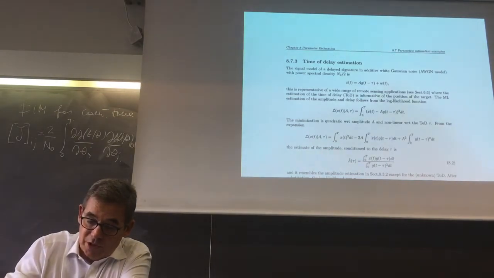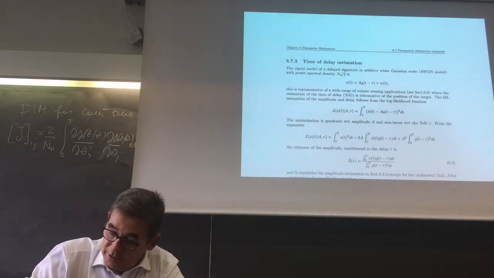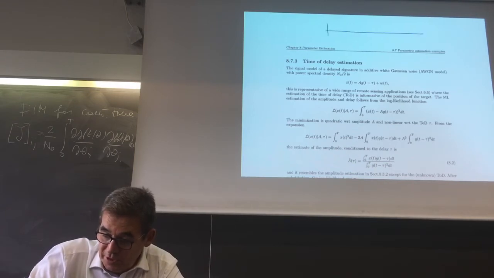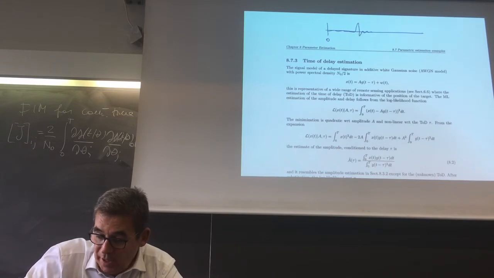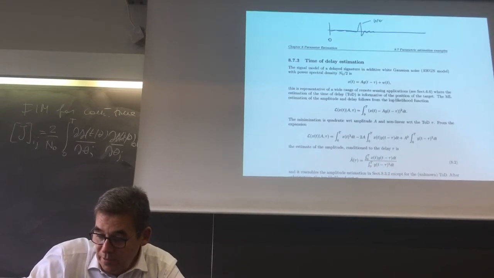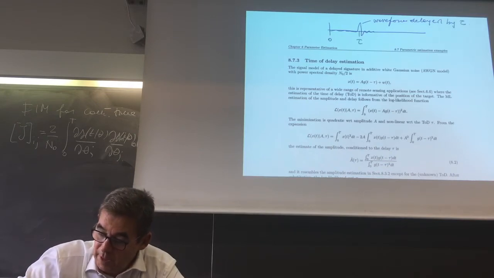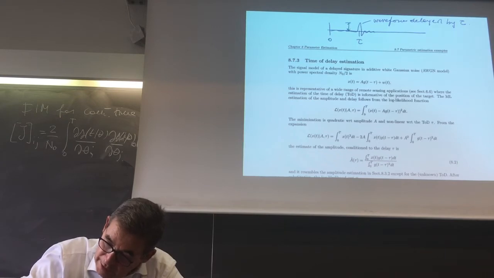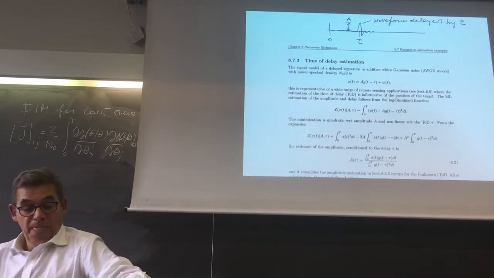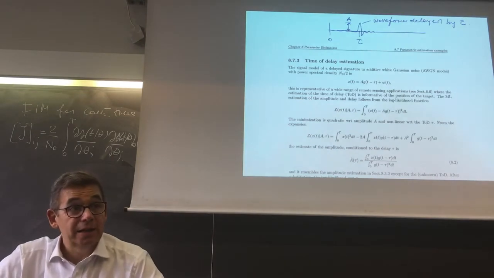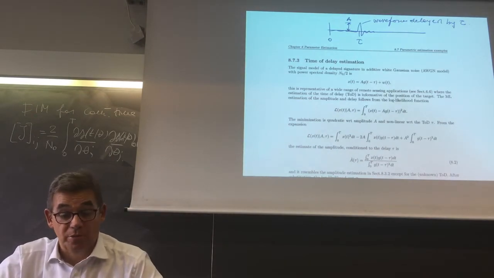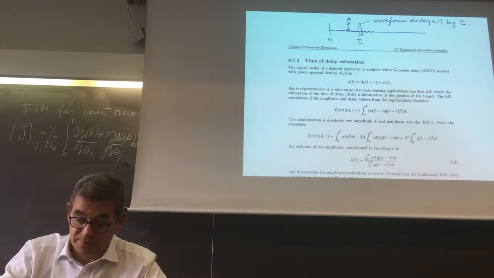is the case where you have an echo. So your data is composed of a waveform, and this is the waveform delayed by tau, and the amplitude is capital A. And in the data, this delayed waveform is affected by noise.